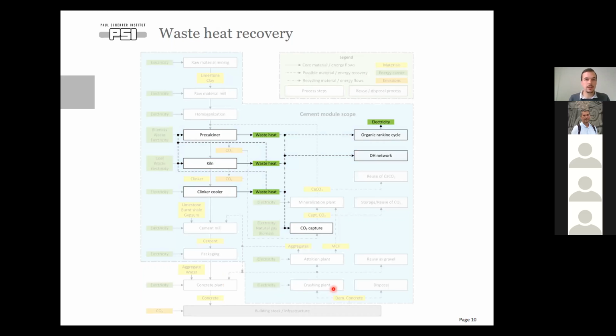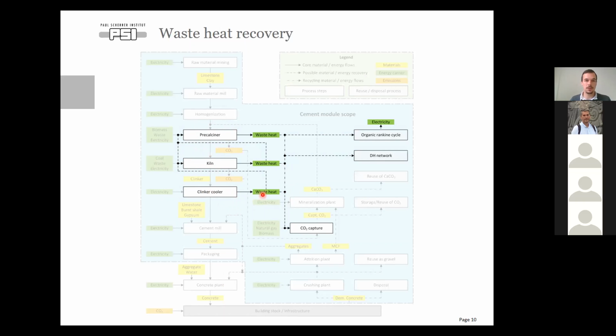So the next thing I would like to highlight is the opportunities that we have for process-related improvements, as I mentioned, for waste heat recovery. Waste heat can be recovered from basically three process steps: the clinker cooler, the kiln, and the pre-calciner.